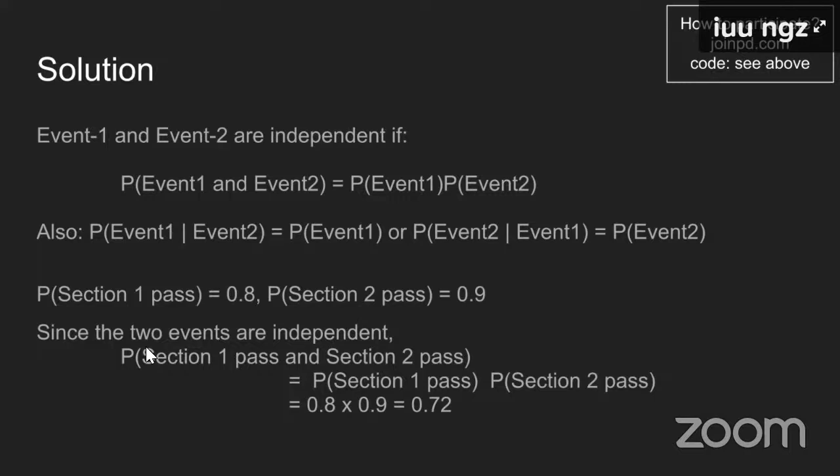What you have to find is the probability of A and B. Since it is given in the question that A and B are independent, probability of A intersection B is probability of A times probability of B. The probability that any student passes section 1 was 0.8, and section 2 was 0.9. So that turns out to be 0.72.